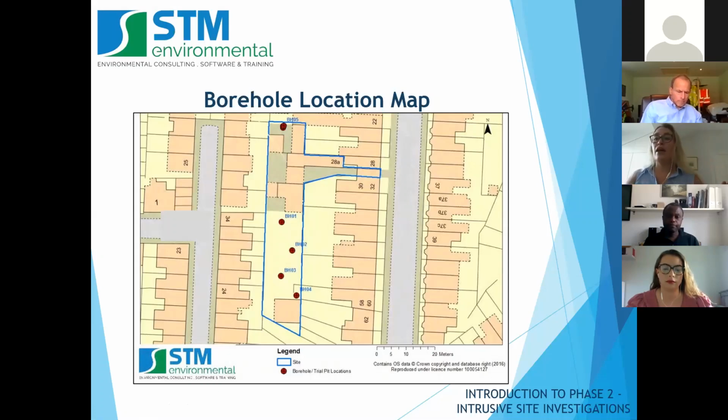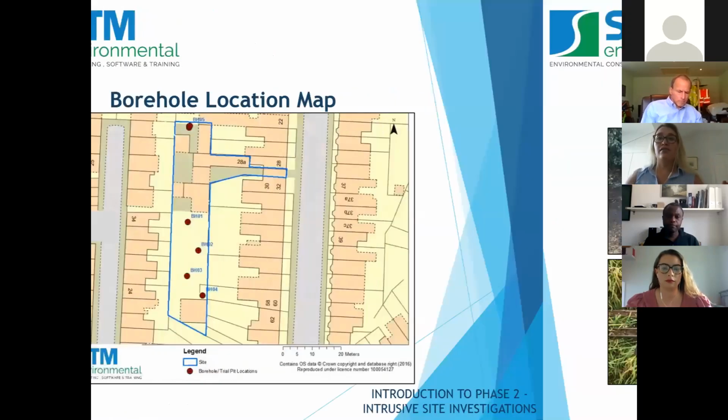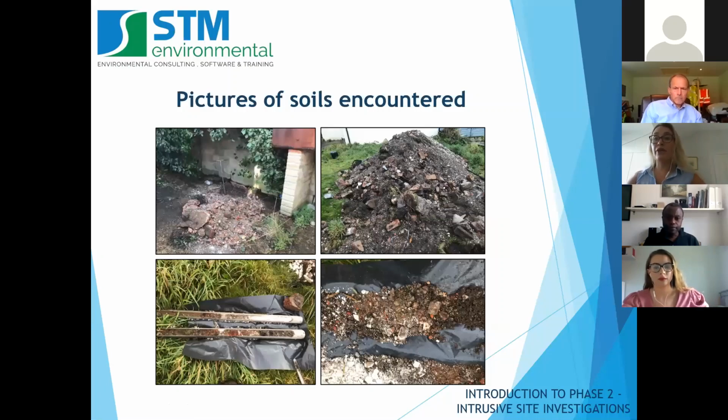So these are some photos of the soils that were encountered during the investigation. You can see there's quite a lot of made ground, and by that I mean the bricks and rubble, and basically you can tell that this has not naturally been put here, so there could be some potential contaminants in there, just all around sort of nasty looking soils.